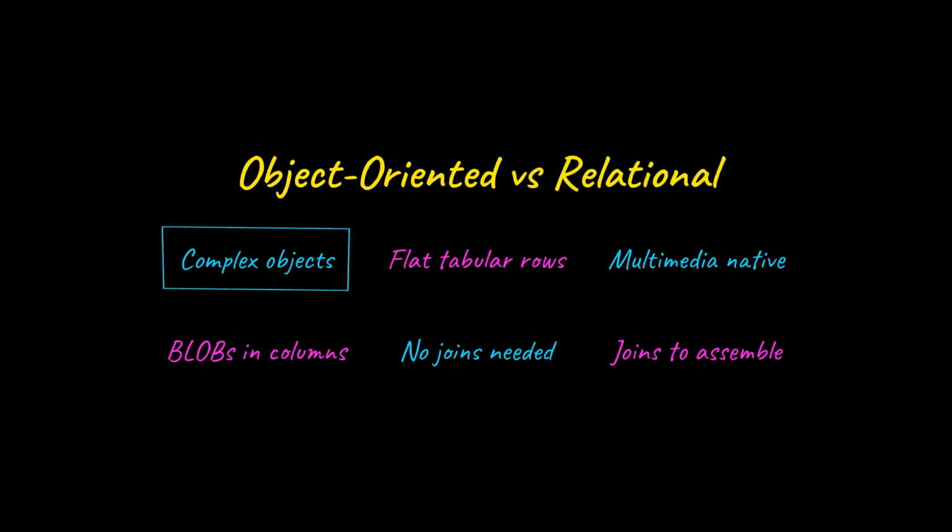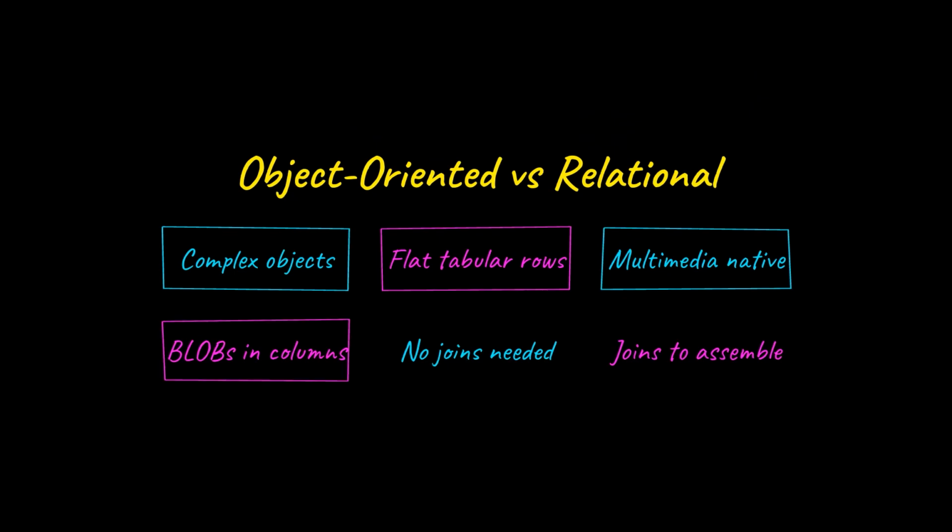The cleanest contrast is this. Relational databases store flat tabular rows and handle multimedia as unstructured binaries, blobs in columns, requiring joins to reassemble related data. Object-oriented databases store the full structure natively, eliminating that impedance mismatch.